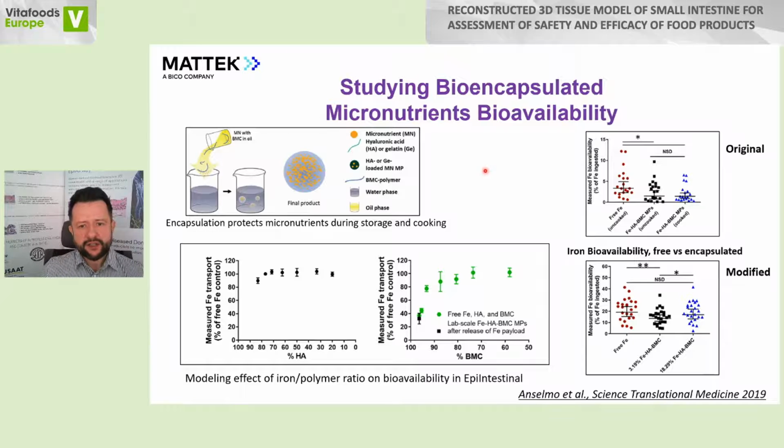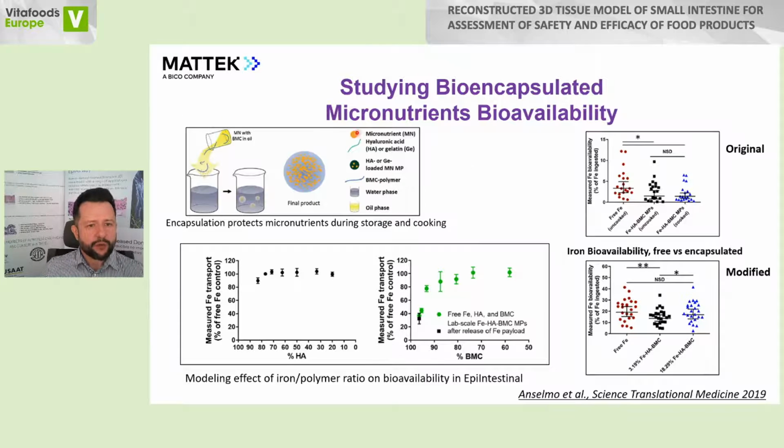These are the figures I borrowed from this paper from one of our customers. They are developing different kinds of encapsulations for micronutrients. These types of encapsulations are intended to protect these nutrients, such as vitamins or iron, from the physical conditions associated with the storage or cooking.